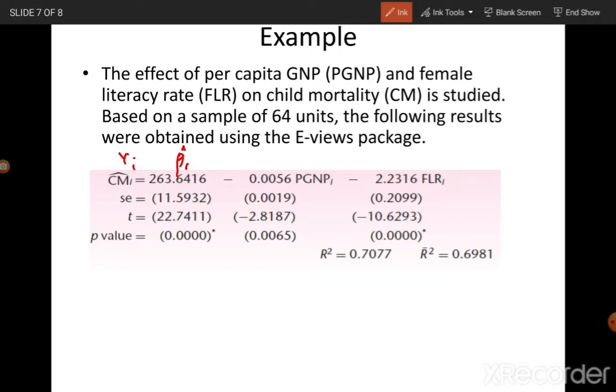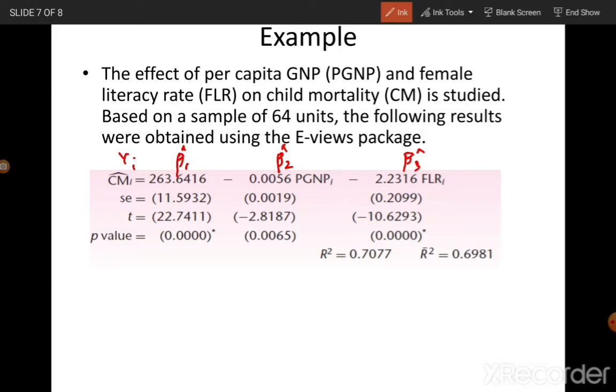Minus 0.0056 is the coefficient of the explanatory variable PGNP, that is per capita GNP, and minus 2.2316 is my beta 3 hat, that is the coefficient for the variable female literacy rate.